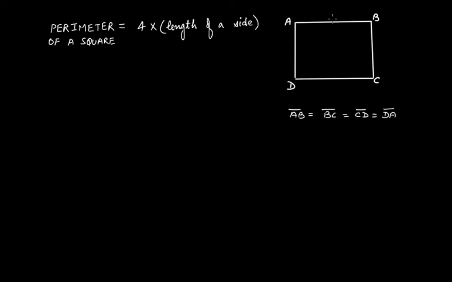Why? Because AB plus BC plus CD plus DA will be the perimeter of this quadrilateral, right? This is a quadrilateral, and AB plus BC plus CD plus DA will be the perimeter. And since all the sides are equal, it will become 4 times the length of a side, any given length of a side. So this is what we learned in mensuration.